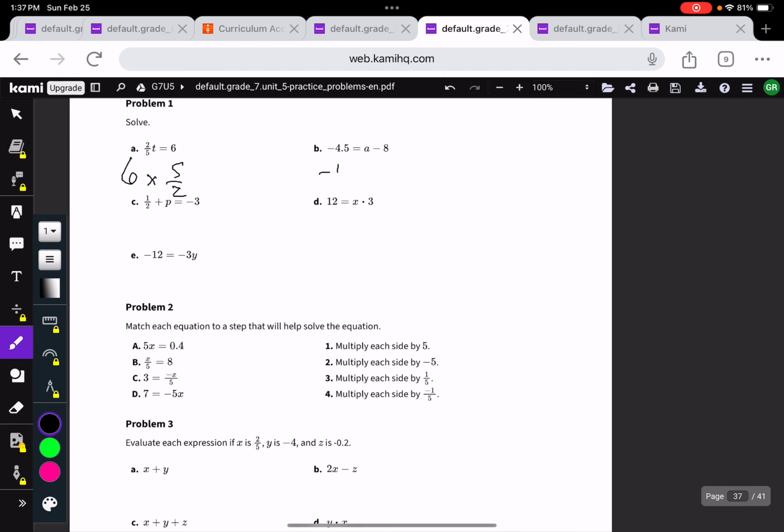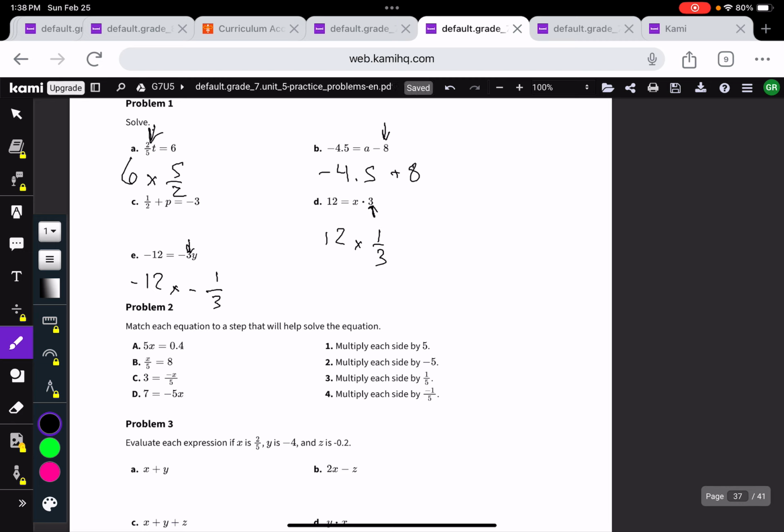You got to take this and go to 4.5, and you got to add 8 to it. Hopefully on 12, you multiplied it by the inverse. Hopefully you took this negative 12 and multiplied it by negative 3, the multiplicative inverse of that.